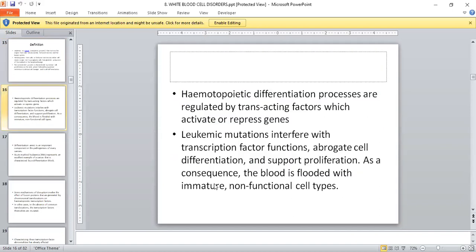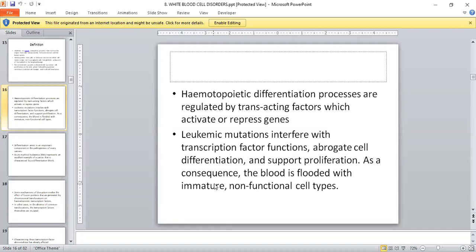So with leukemia, the leukemic mutations interfere with transcription factor functions, abrogate cell differentiation, and support proliferation.